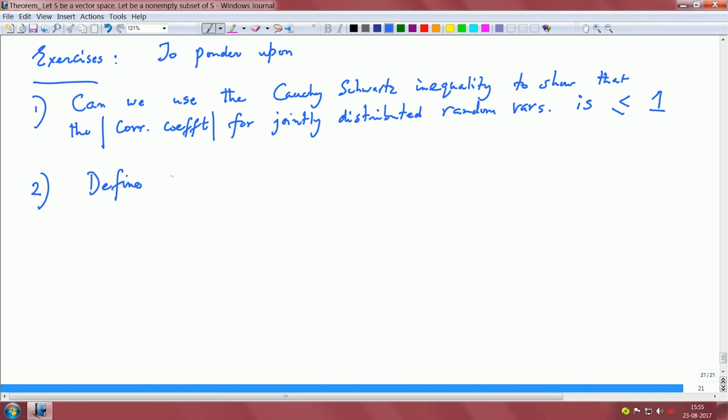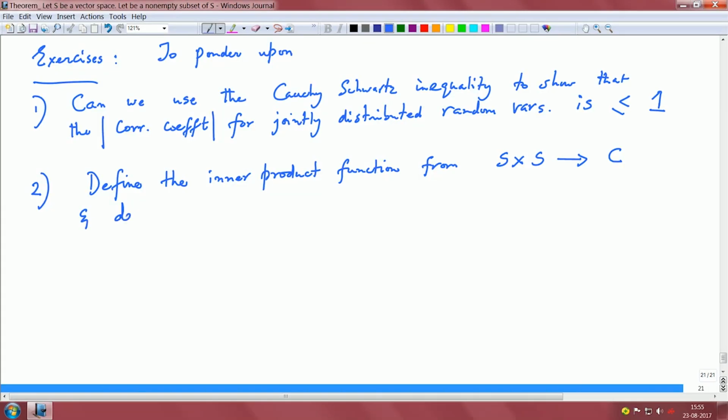define the inner product function from the Cartesian product of two vector spaces to a complex number.